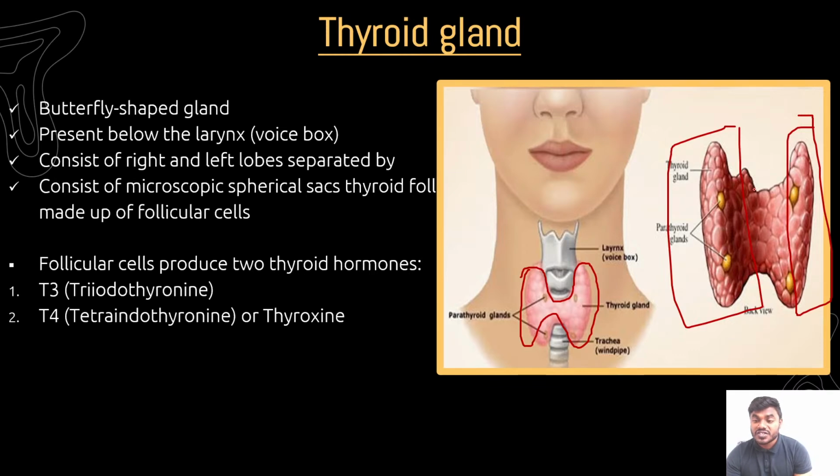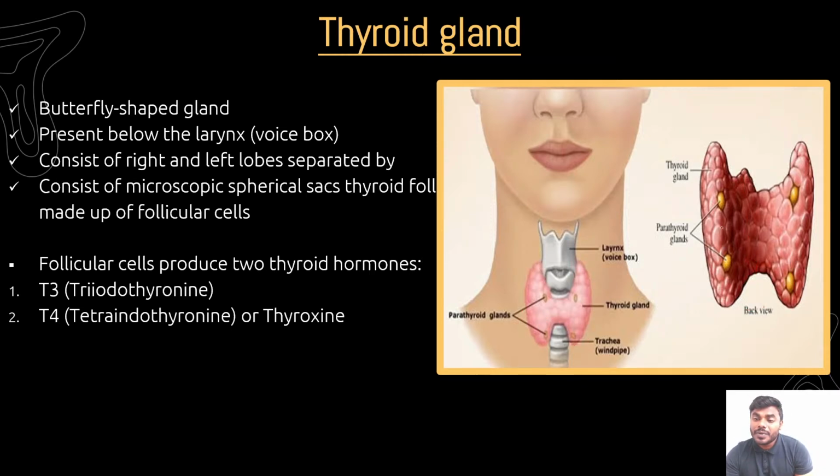The right and left lobes are separated by a structure called the isthmus. Don't confuse, friends.